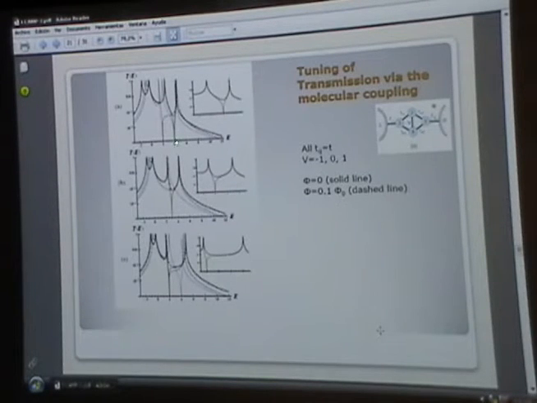So this interdot coupling can be used to tune the anti-resonance, or to choose the energy at which I want the electron to have zero transmission. So the high tunability of the system allows you to produce resonances or anti-resonances.